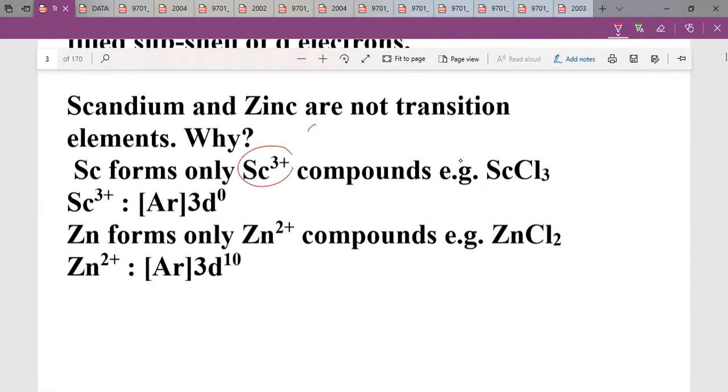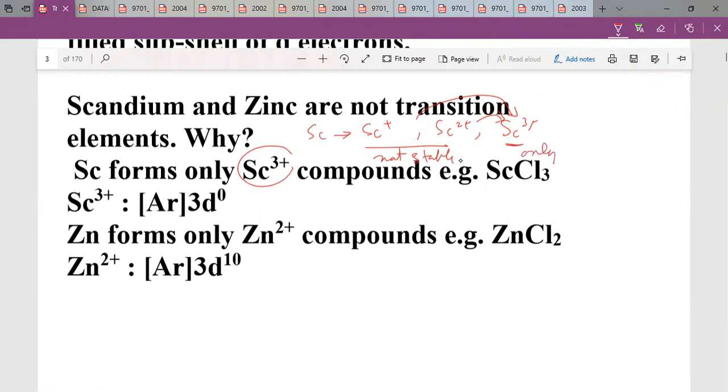Of course, scandium can form Sc1+, Sc2+, and Sc3+. But these two, once they form, are unstable. They will go to Sc3+. They are formed, but not stable. So this is the only stable one in nature.